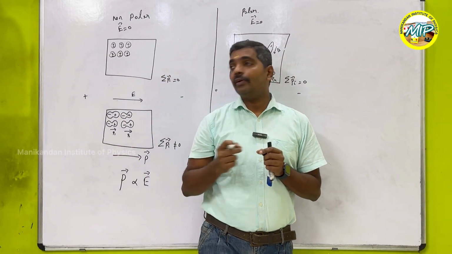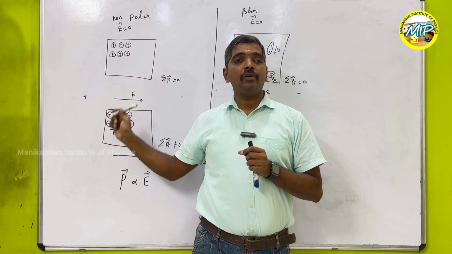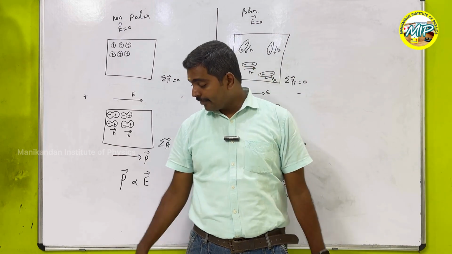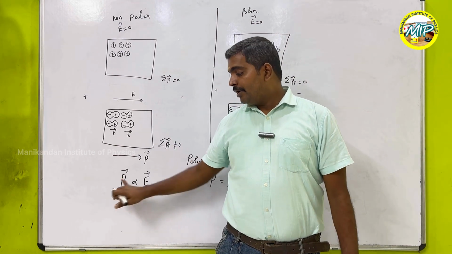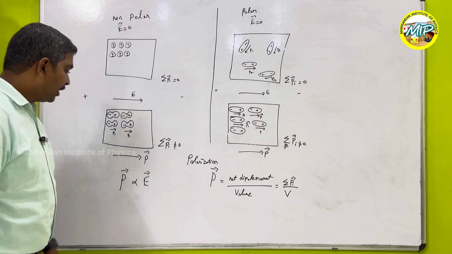If the external electric field increases, the work done increases, and the amount of energy stored in the material also increases. The alignment also increases. So my polarization is directly proportional to the applied external electric field.